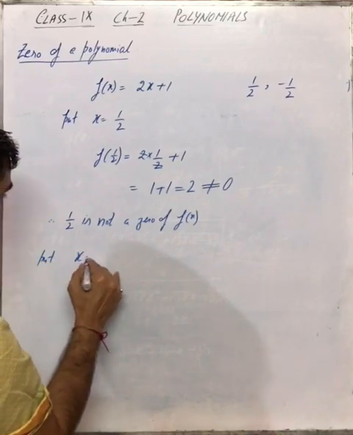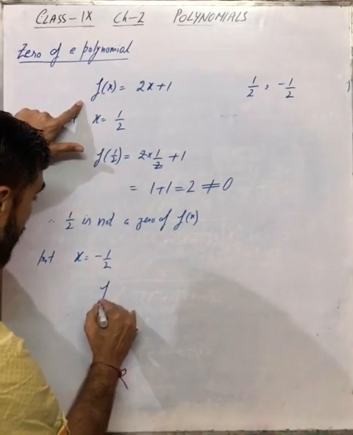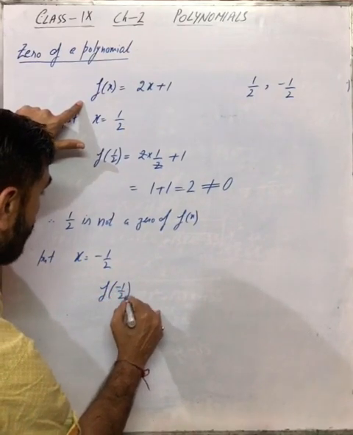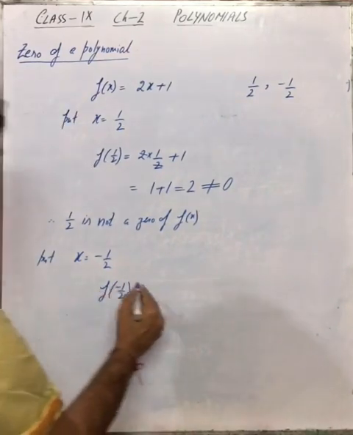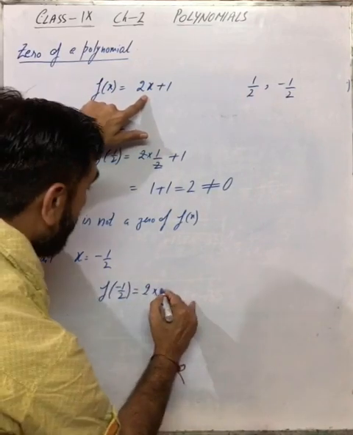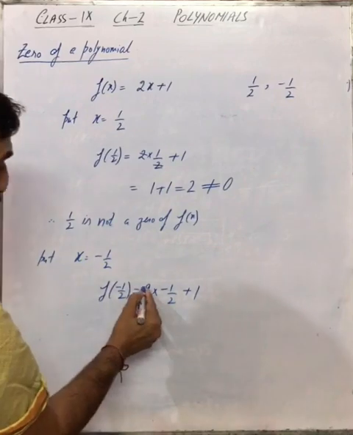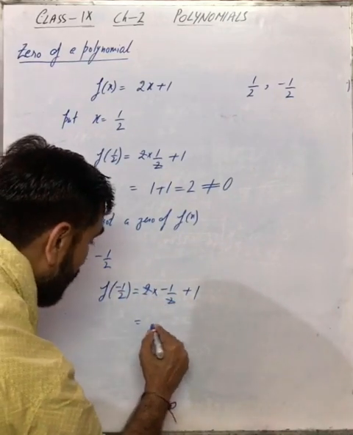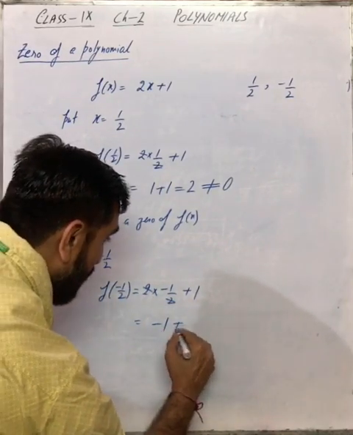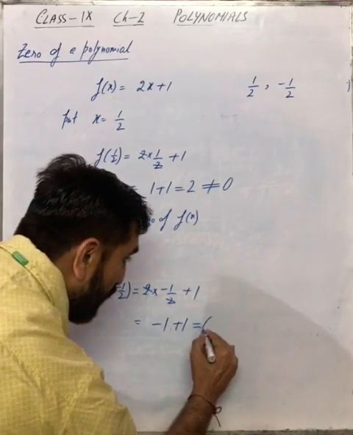Now the other value. Put x is equal to minus 1 by 2. Let's put it here. f of minus 1 by 2 is 2 multiplied by x, and x is replaced by minus 1 by 2, plus 1 as it is. 2 and 2 cancel. You will get minus 1 and plus 1. Minus 1 plus 1, students, is 0.